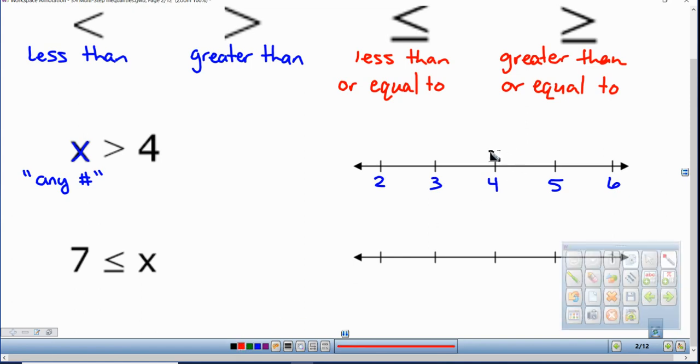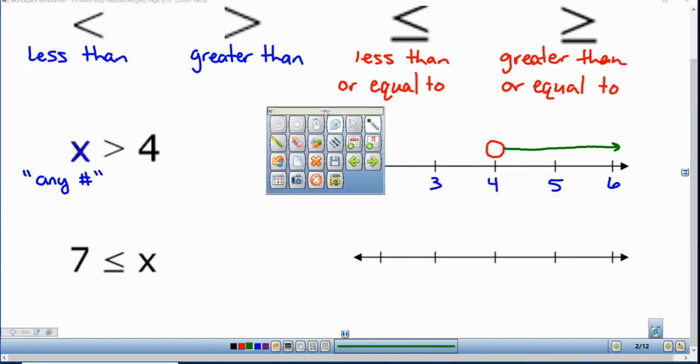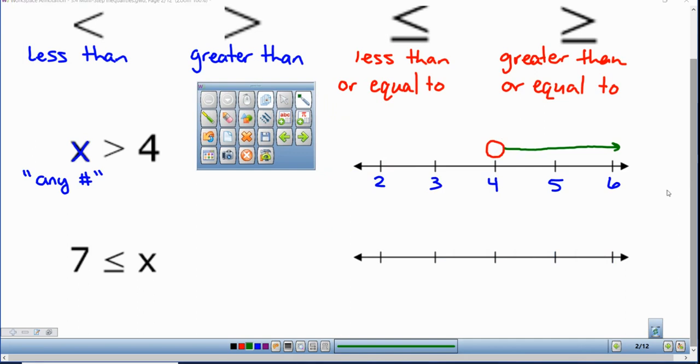And I would put a circle at the number 4. And I want to mark any number that's greater than 4. Those numbers would be like 5 and 6 and 5.3 and 4.9 and 4.1, but not actually 4, because 4 is not greater than 4. And that's what the circle indicates. The open circle indicates that 4 is not a solution here.